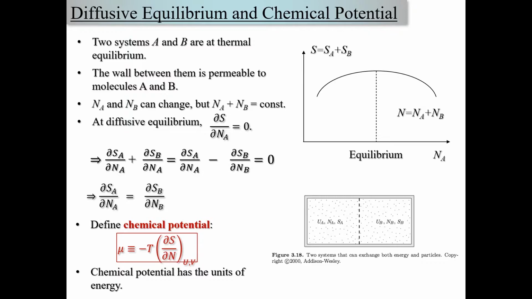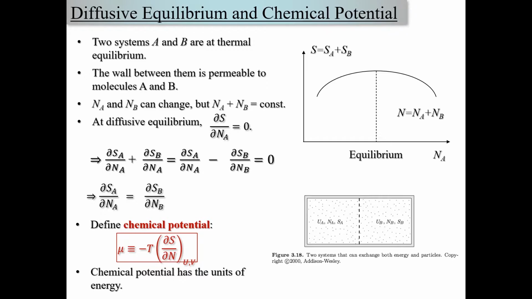And just like with pressure, we are going to call this derivative, which is maximized when the number of particles is in balance between the two systems, the chemical potential, which is equal to negative the temperature multiplied by the partial derivative of the entropy with respect to the number of particles, with U and V held fixed.